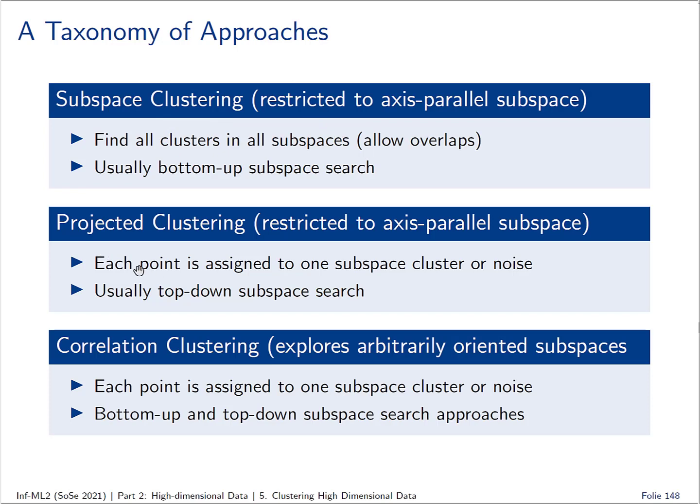So projected clustering is somewhat comparable to normal clustering algorithms that typically try to find disjoint partitionings. Typically the subspace search is top-down, which is interesting because in subspace clustering it is typically bottom-up.